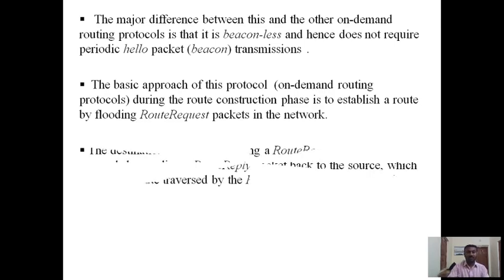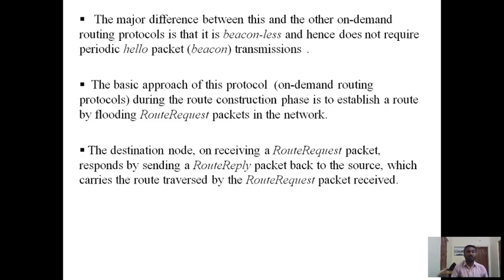Once it is flooded, all the other nodes involved in the network also accept the packet, but they do not respond. Only the required destination node receives this route request packet and responds by sending a route reply packet back to the source. Other devices do not send a reply. The route reply carries the route traversed by the route request packet received.